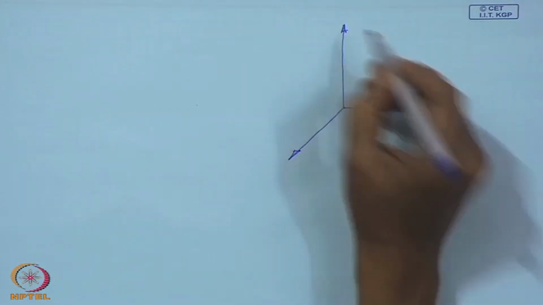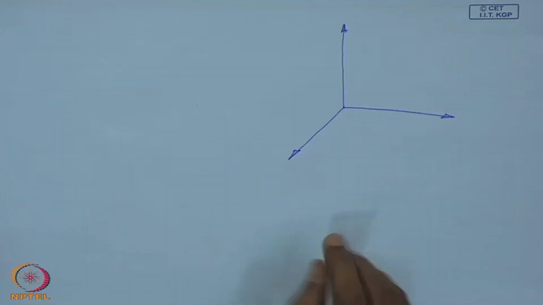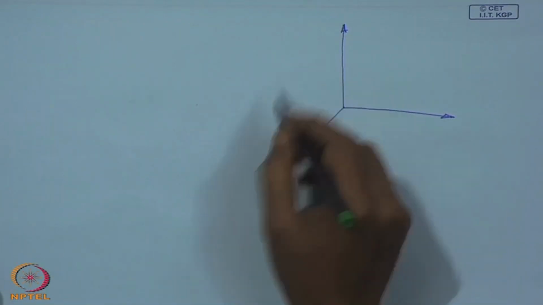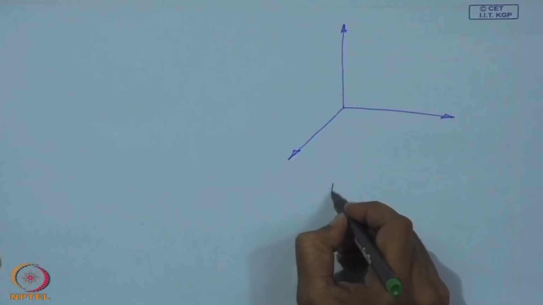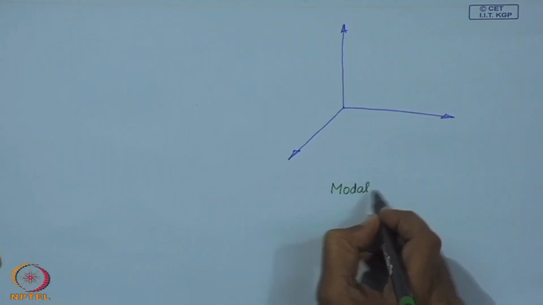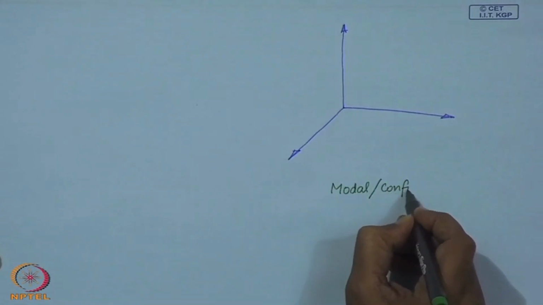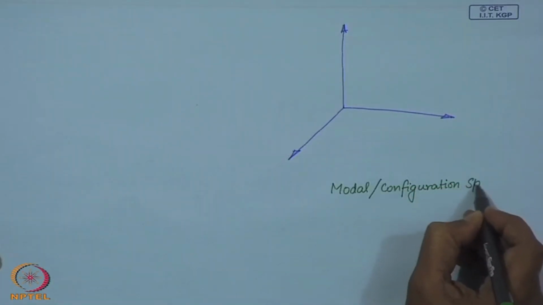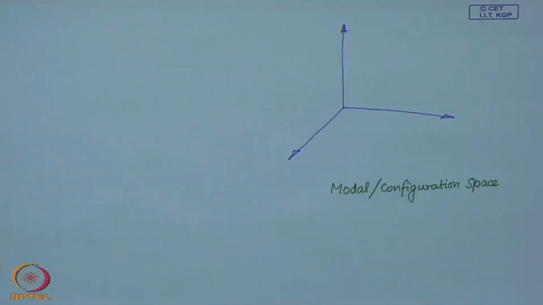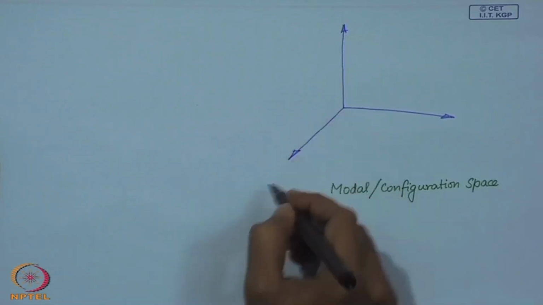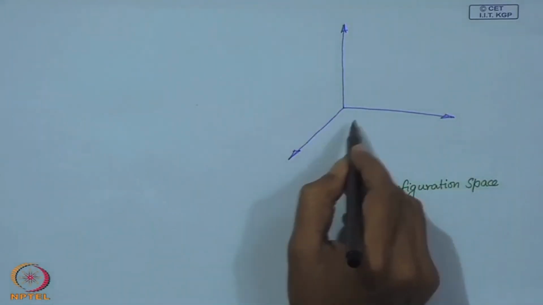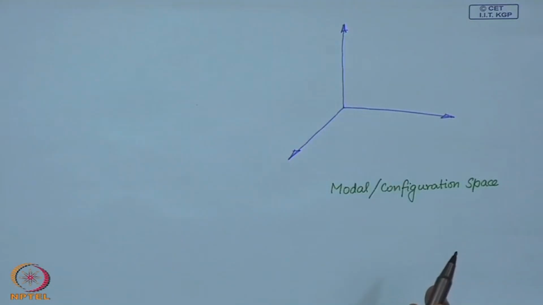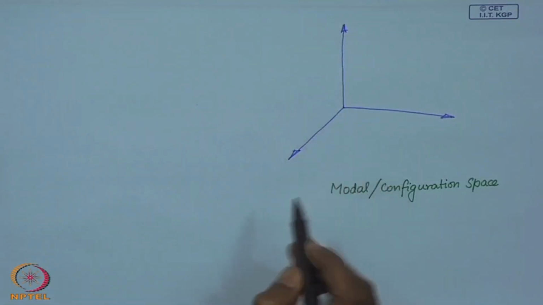Now, we have been discussing this visualization in various contexts. So, let us consider the modal space of the membrane. So, this is the modal space or the configuration space of the membrane. The axes, which I have drawn perpendicular to depict orthogonality.